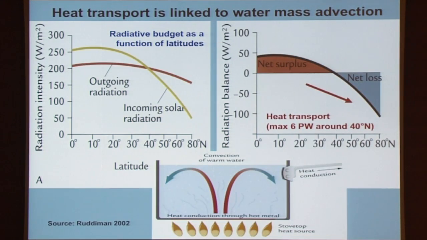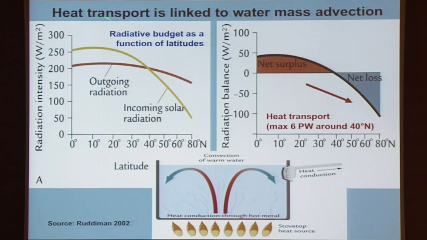When we speak about the ocean, we have to remember that the ocean is not a pond. It is not static. It is very important, in fact, to acknowledge the fact that it is transporting heat. And when we consider, in fact, the radiative budget of the Earth, of the climate system, it's important to remember that there is an excess when we plot the incoming solar radiation minus the albedo, the reflection.